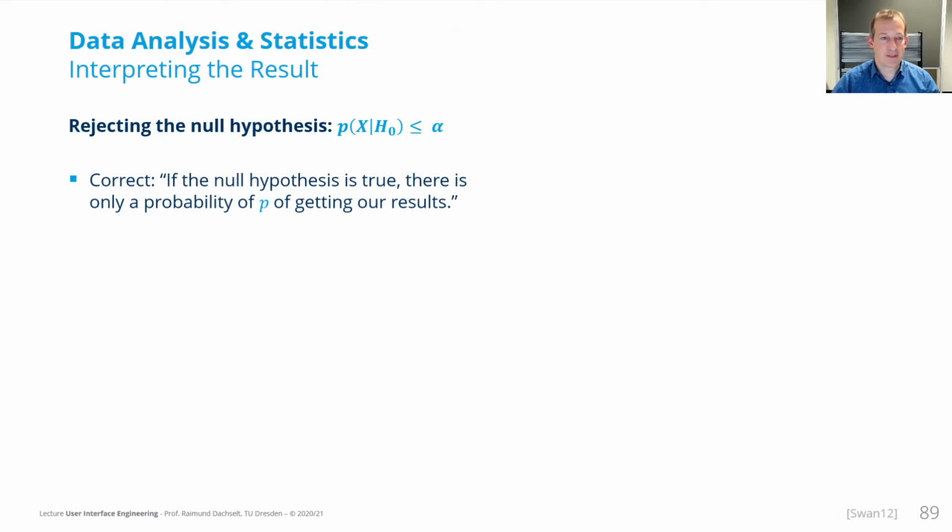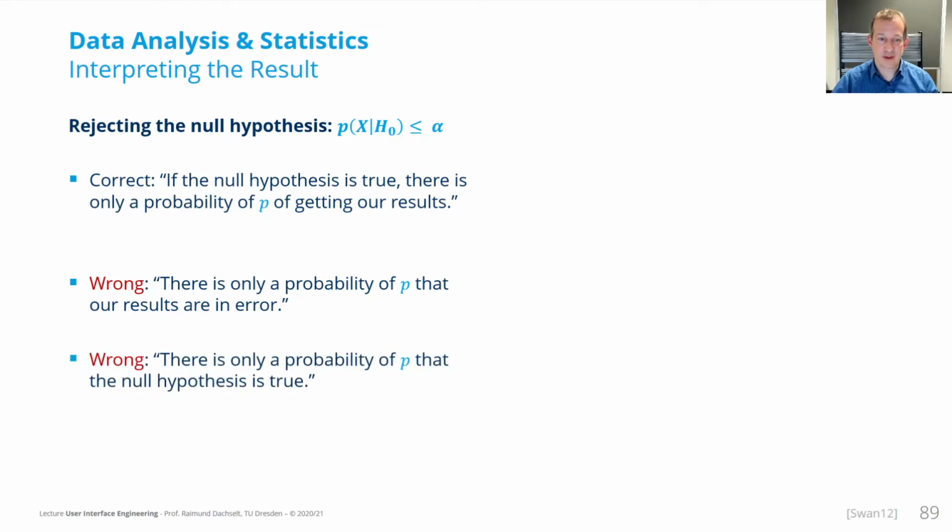That means the null hypothesis could be true, but only with this very small probability given the current data. It would be wrong to say there is only a probability of p that our results are an error. And even more important, it is also wrong to say there is only a probability of p that the null hypothesis is true. That's not correct. It's just that if the null hypothesis is true, there's only a probability of p of getting our results x.